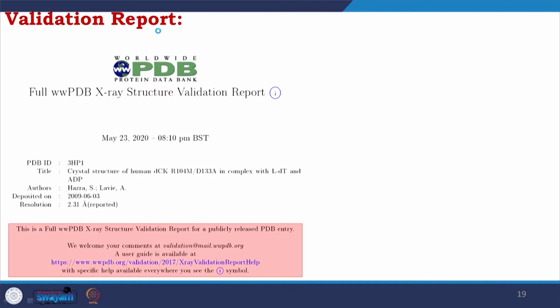If you look at the initial page of the validation report of 3HP1, you will see that 3HP1 was deposited in 2009, but the validation report was made on May 23, 2020. So, now probably you understand what I am saying.